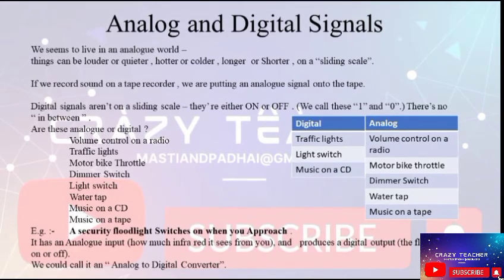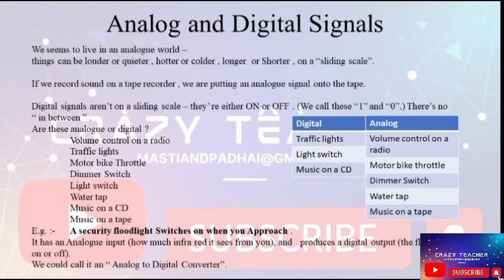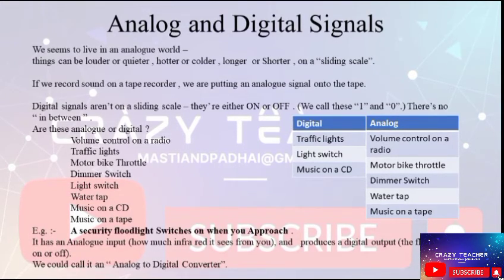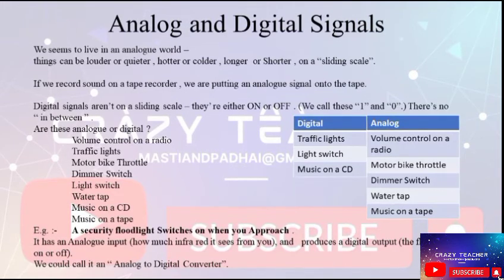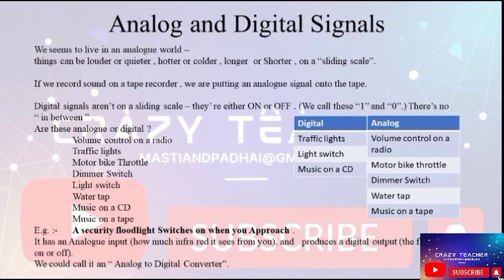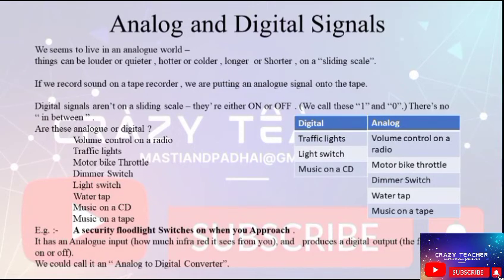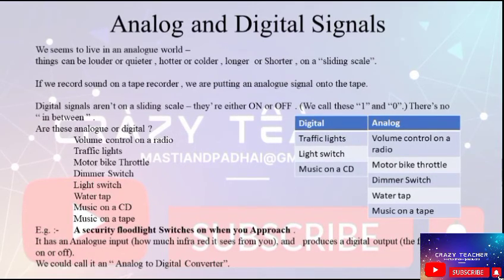The dimmer switch, which controls the amount of illumination, is also an analog signal. Whereas a light switch, which just turns the light on or off, is a digital signal.